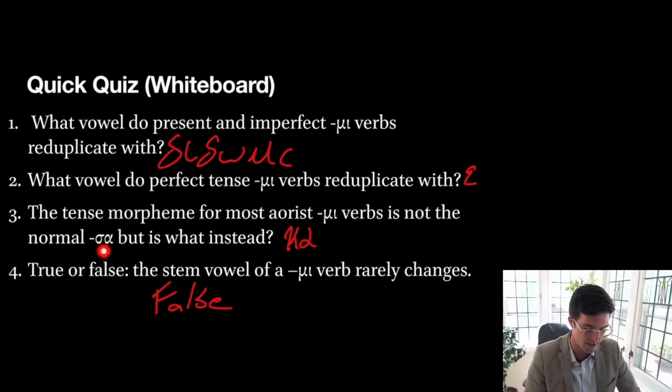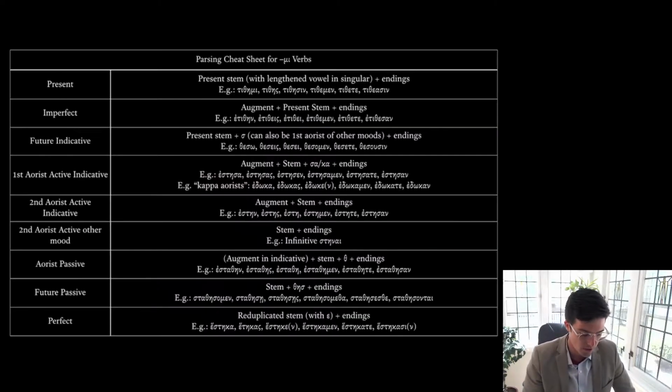So rather than using a sigma, many mi verbs, and especially this is the one that you're going to see most often in the Greek New Testament, are going to use kappa alpha as the aorist tense morpheme. And then the stem vowel of a mi verb rarely changes. That is false. It will often change, lengthening or shortening.